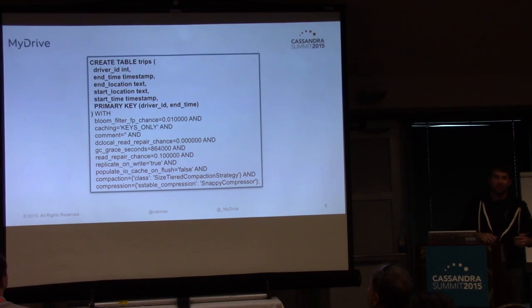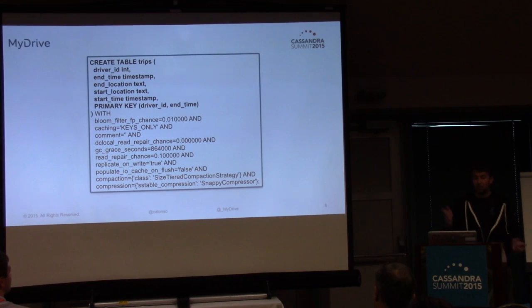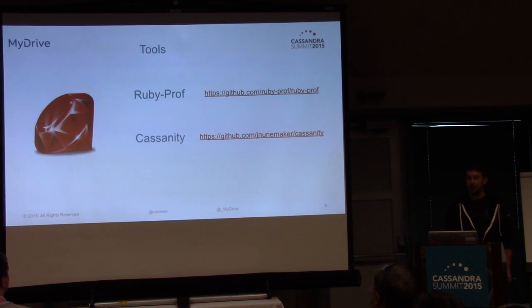So all the trips from one driver are collocated on the same node, and furthermore they are sorted by the end time, which I guess makes sense given our use case. And then the rest is pretty much boilerplate. We are just using size-tiered compaction strategy, but I can tell you this had nothing to do with the problem, right?